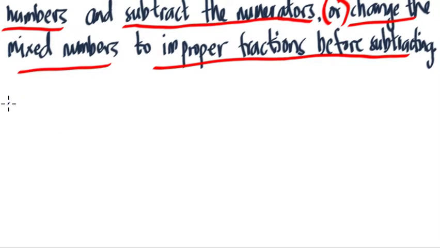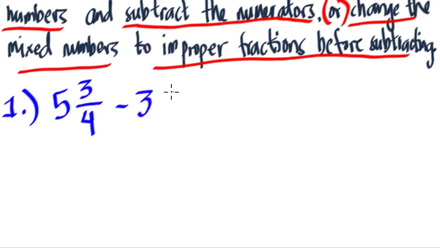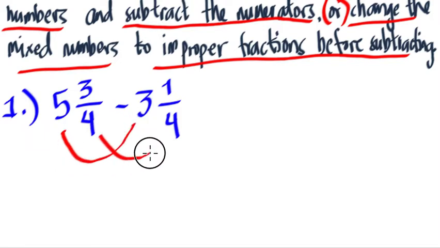So for number 1, what we have here is 5 3/4 minus 3 1/4. So by our rule, we're going to subtract whole numbers and we're going to subtract fractions separately.